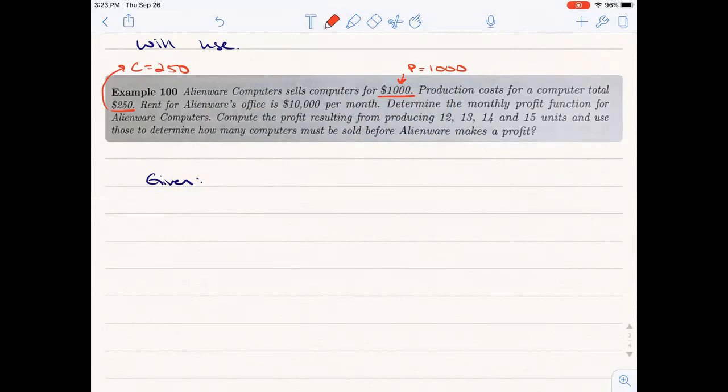I only see one fixed cost, that's the $10,000. Sometimes it'll be like, okay, they have to pay rent and they have to pay for their cell phone. And then it's your job to combine those into the fixed costs. But in this case, I only see one. And so here I'll just put the fixed cost is 10,000. So I'll summarize it here. P is 1,000, C is 250, and the fixed cost is 10,000.